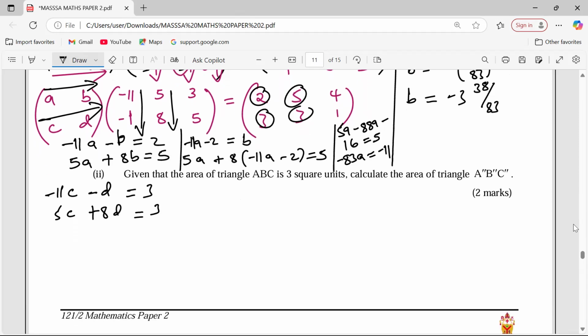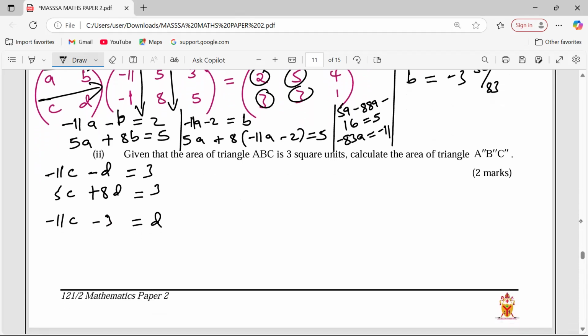So from these two, we can talk about the value of D becoming negative 11C minus 3. Now with this, we can write equation 2 as 5C plus 8 into negative 11C minus 3 equals 3. So with this now, 5C minus 88C minus 24 equals 3.